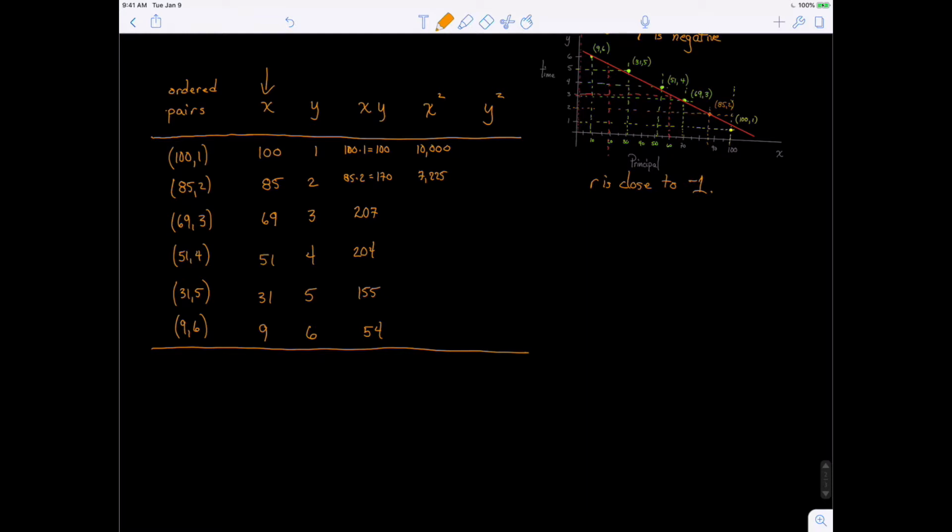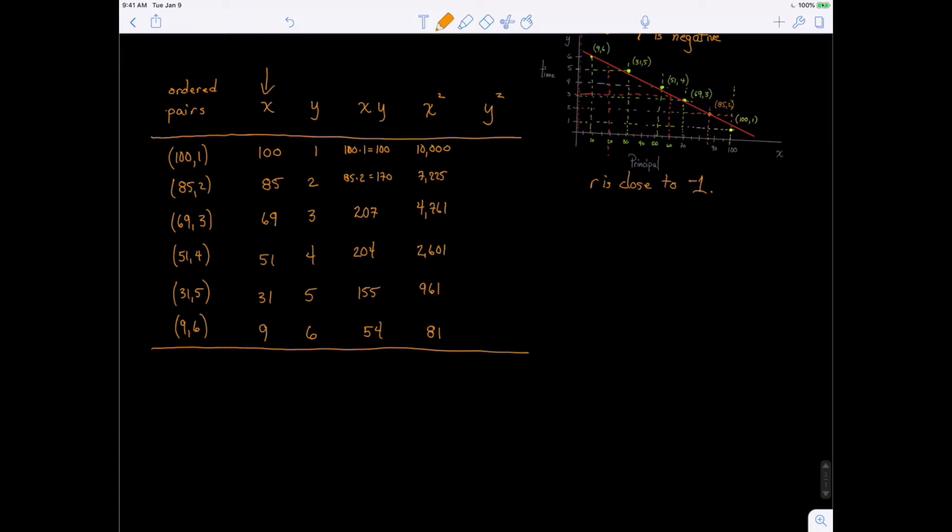The next one is 69 squared, which is 4,761. And the next one is 51 squared. That's 2,601. Then our next one is 31 squared. That's 961. And our last one is 9 squared, which is 81.